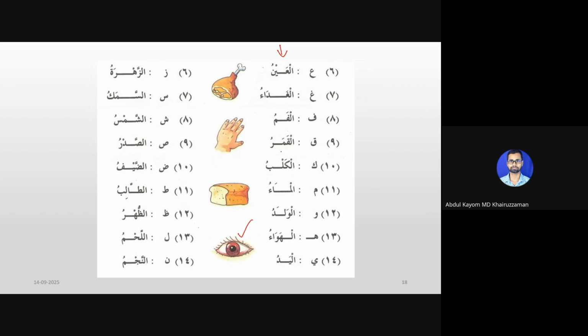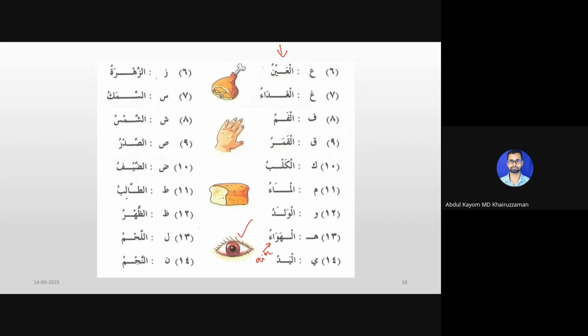Qaf, al-qamaru. Al-qamaru we know, moon. Kaf, al-kalbu. Mim, al-ma'u. Waw, al-waladu. Ha, al-hawa'u. Al-hawa'u means air. Ya, al-yadu. Al-yadu means hand.